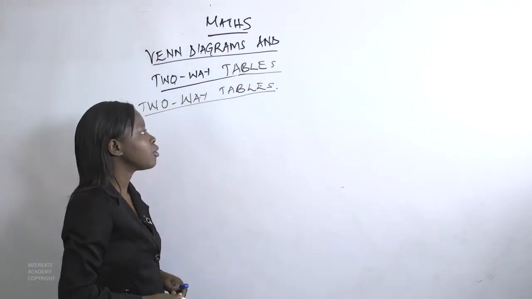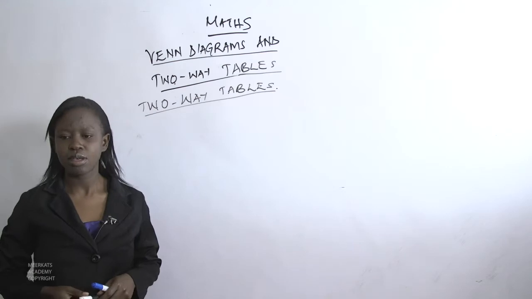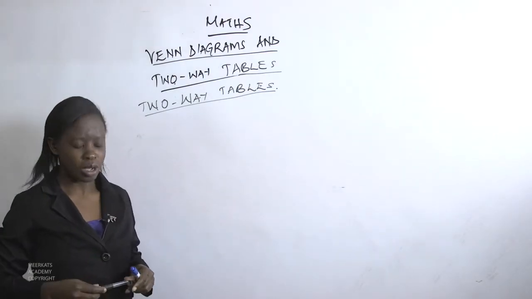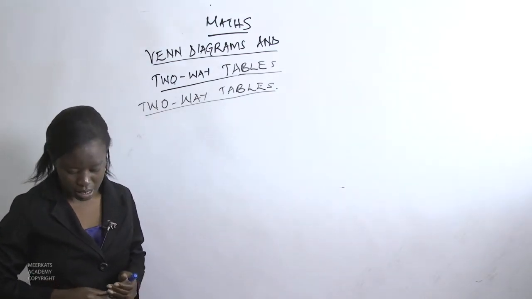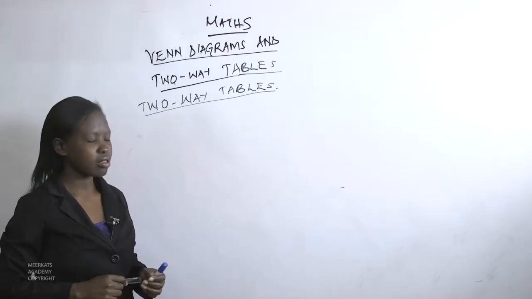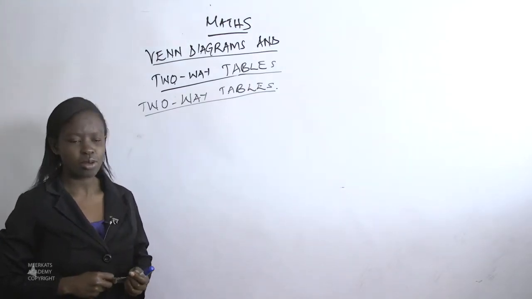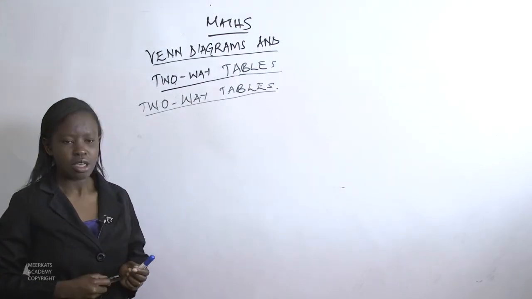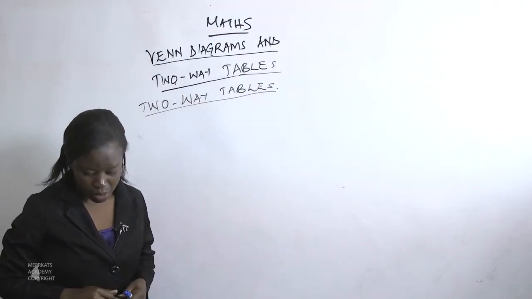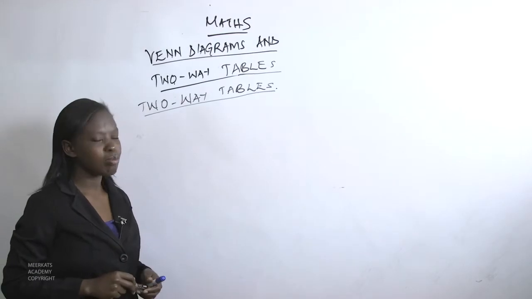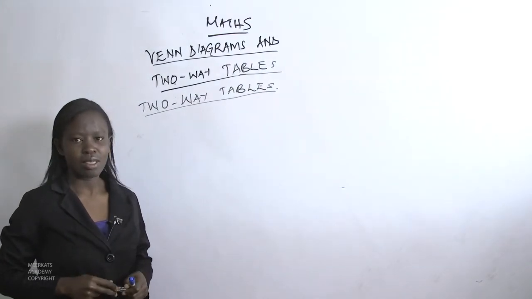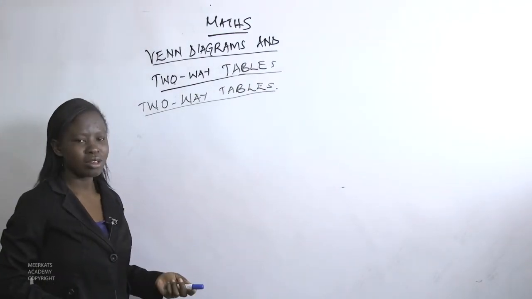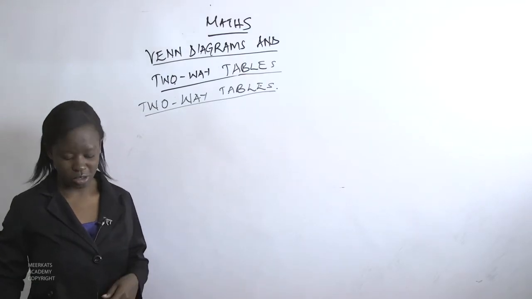So a two-way table simply lists two or more outcomes in different categories. So you are having different categories, not the same category. For instance, you could have a table showing various behaviors of animals, that there are those animals that eat meat, there are those animals that do not eat meat.